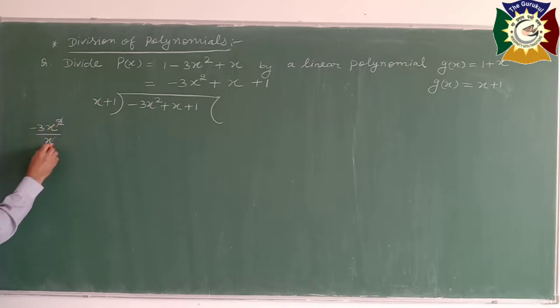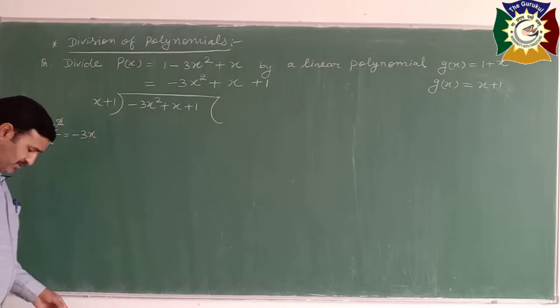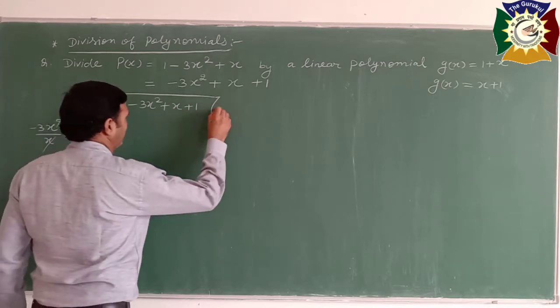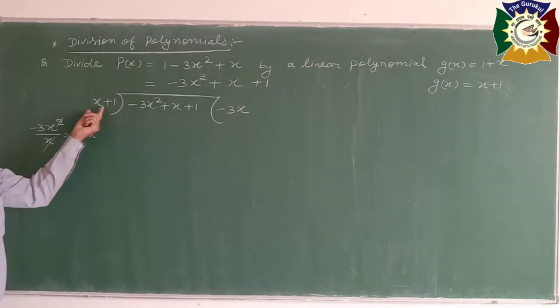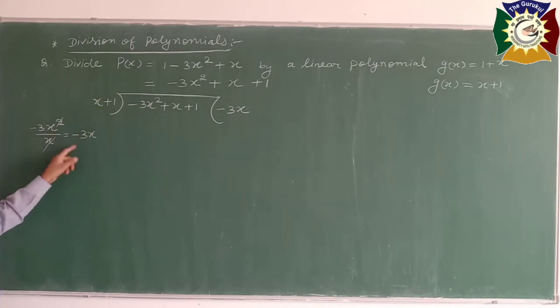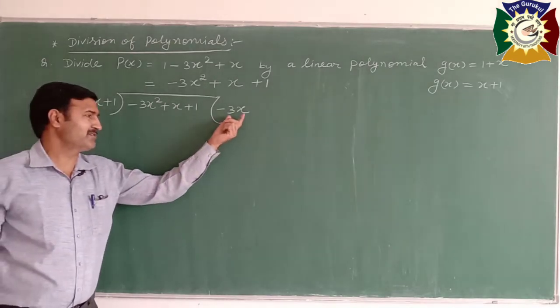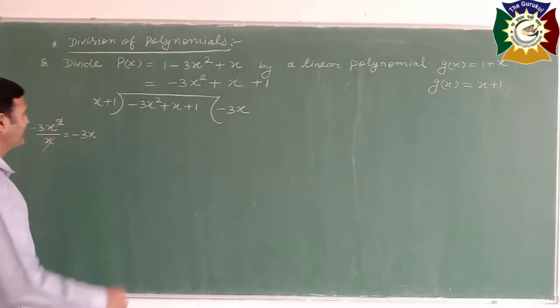So we got minus 3x. So the first term of the quotient is minus 3x.